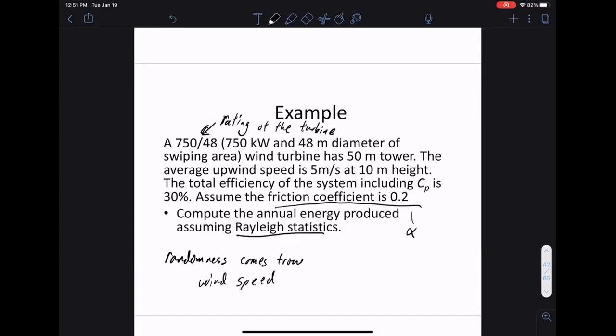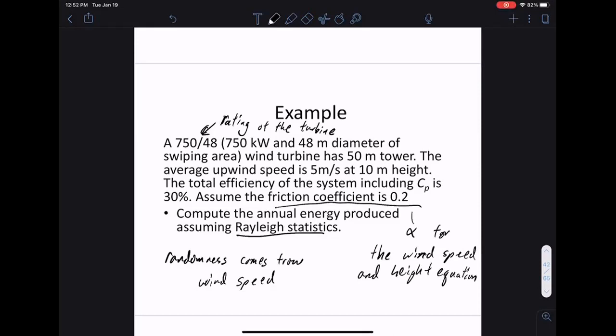This is the alpha in the wind speed and height equation. Sorry, my mistake, this is not the gearbox efficiency. This is alpha for the wind speed and height equation.